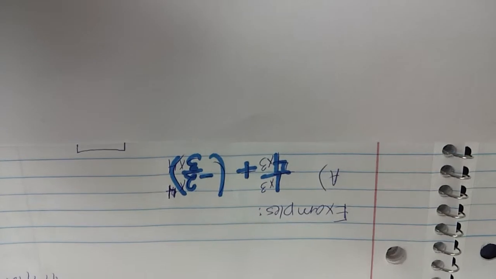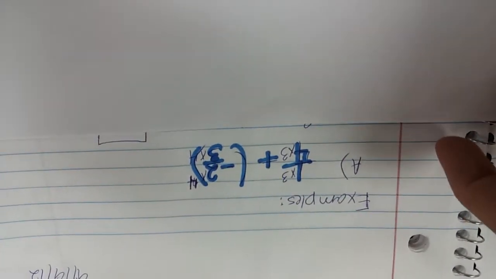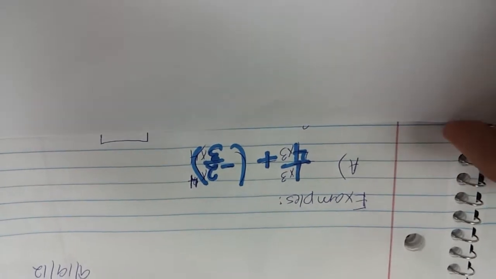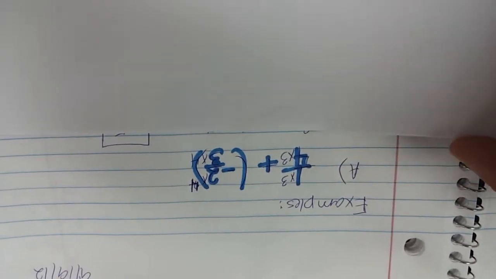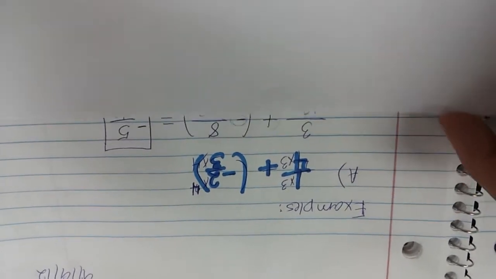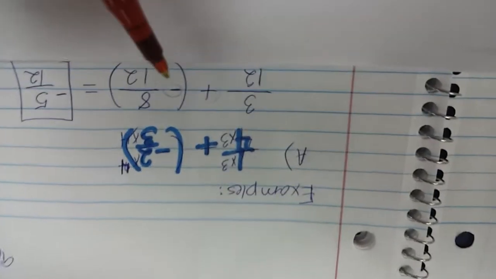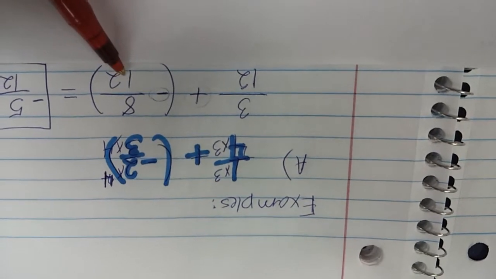Now, I need a common denominator. This is a problem where I can just look at the denominators and see that they're small numbers, so I can multiply them together to get their common denominator, which is going to be 12. So I rewrite knowing that 12 is my denominator.